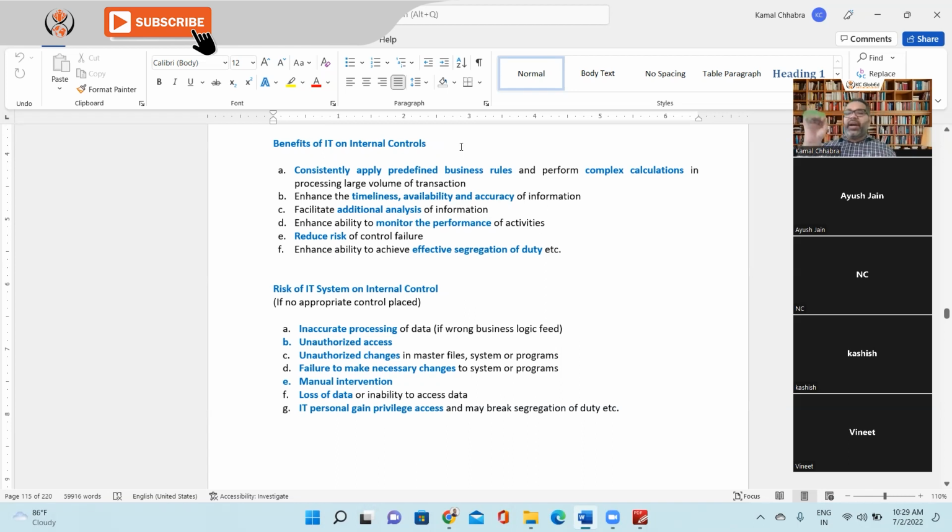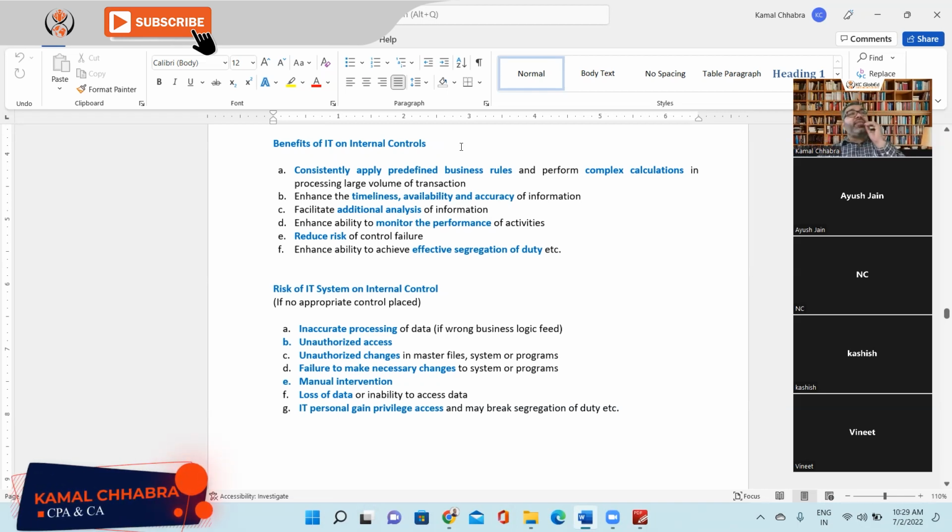So for a respective item you purchase, a respective rate of GST or VAT will automatically calculate and give you the final payment and immediately generate the invoice, right? It's happening through the information system only. So as we are getting more and more dependent on the information system, IT controls become more important as well, right? Second point is enhance the timeliness, availability, and accuracy of the information.